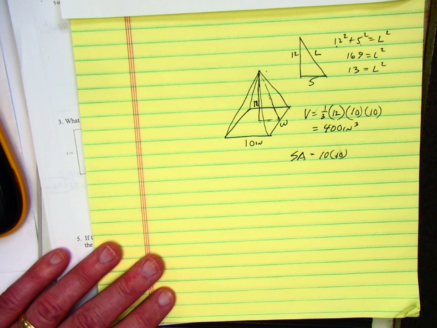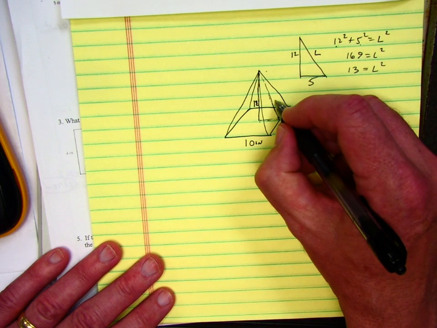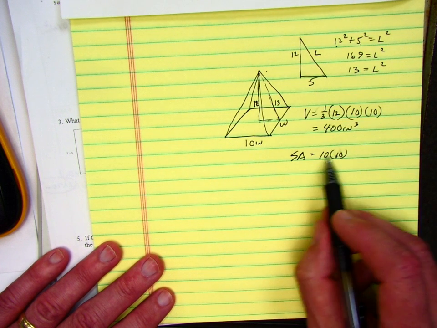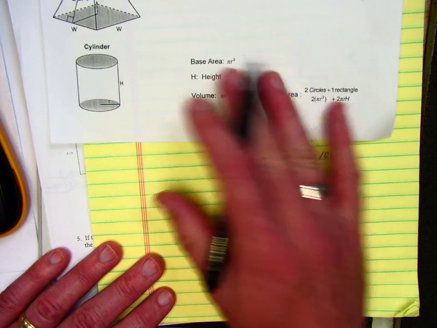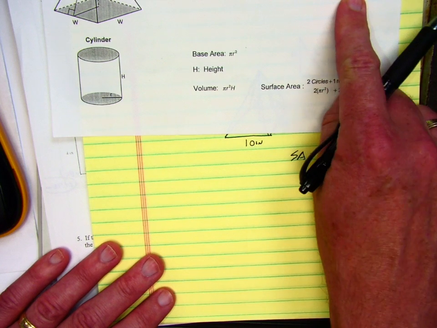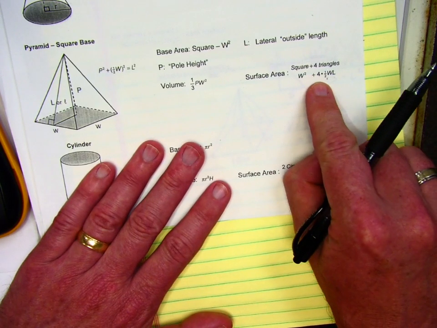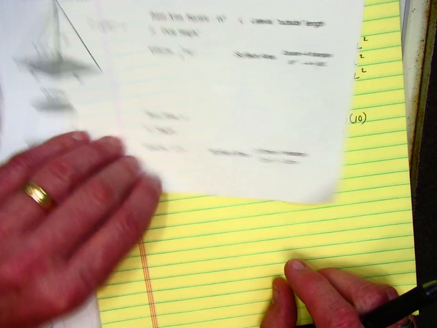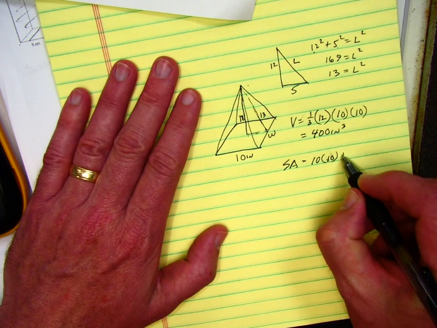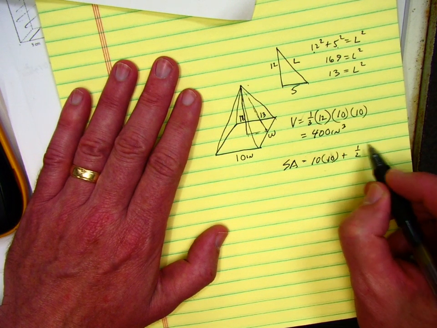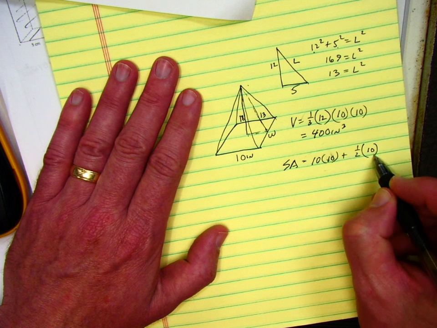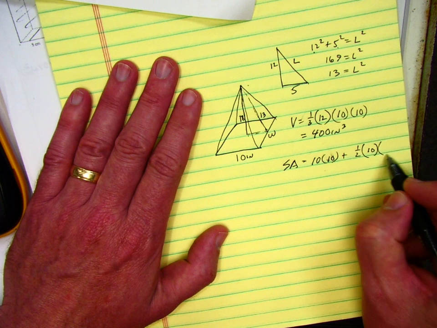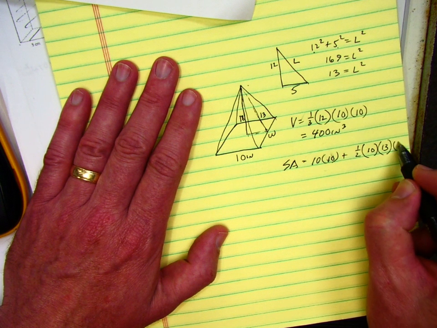Okay? All right, so our surface area then, so this is 13, is our base, and then it is 4 times each of these triangles. Okay? So each triangle is 1/2 the base, which was 10, times the height, which was 13, but I have 4 of those.